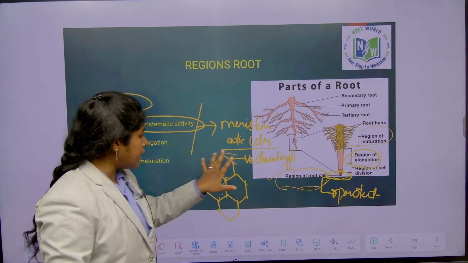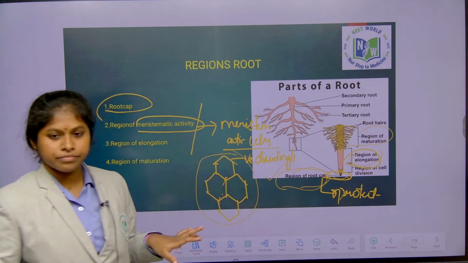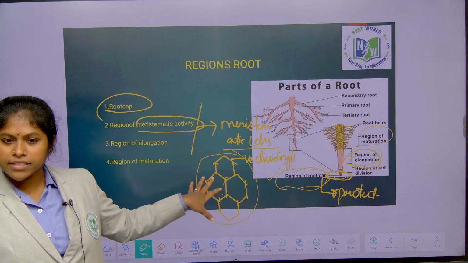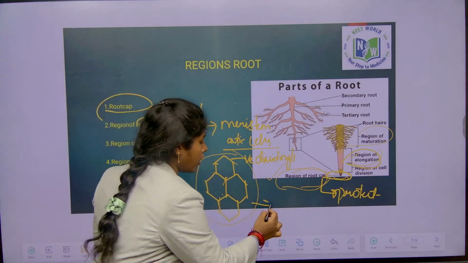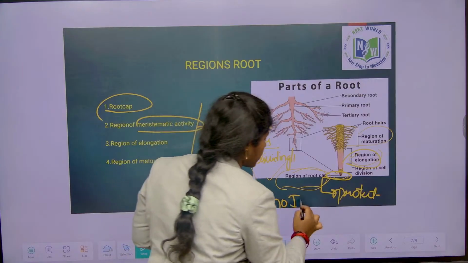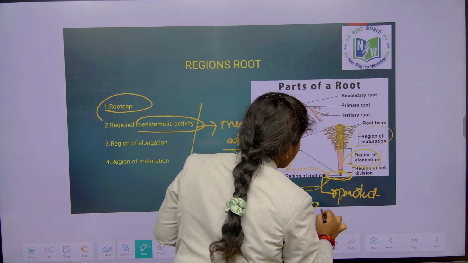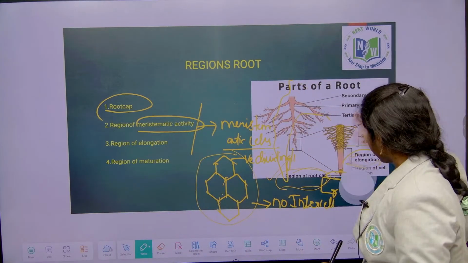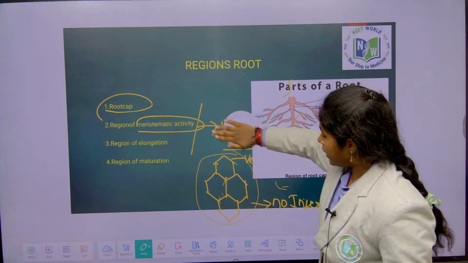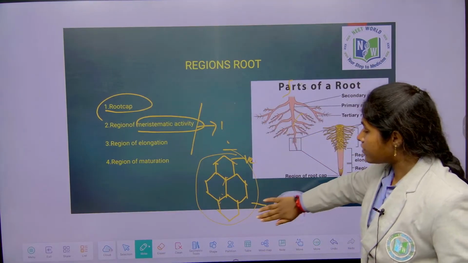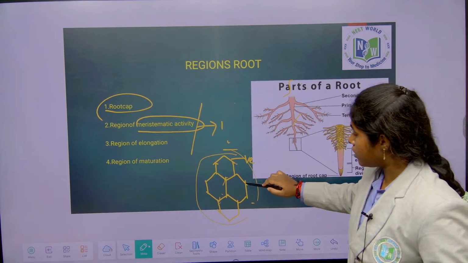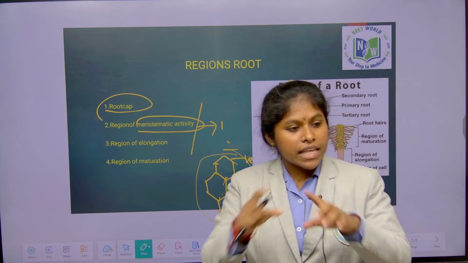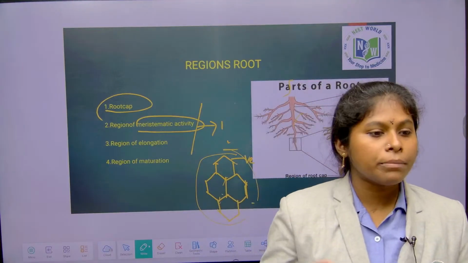Do you see any intercellular spaces in the meristematic cells? No, there are no intercellular spaces. They have a thin cell wall, which is not prominent, because they are actively dividing cells. If the cell wall is very hard, then how can they divide?